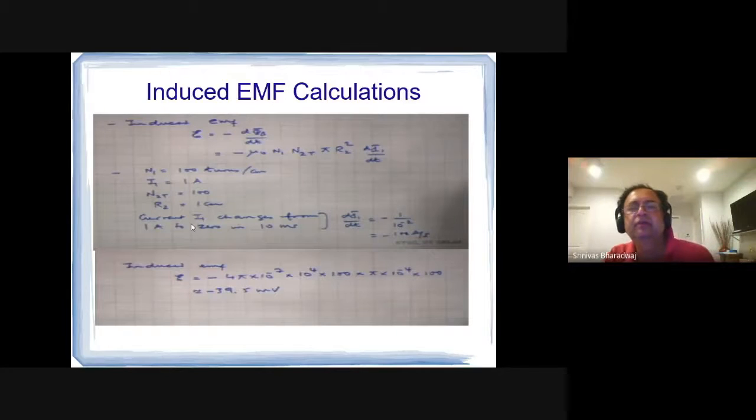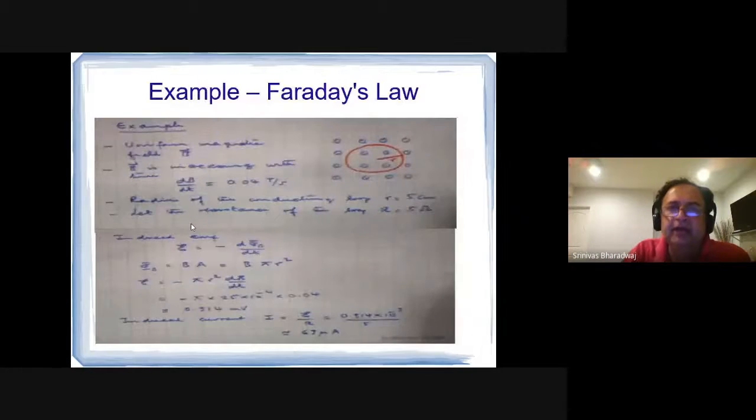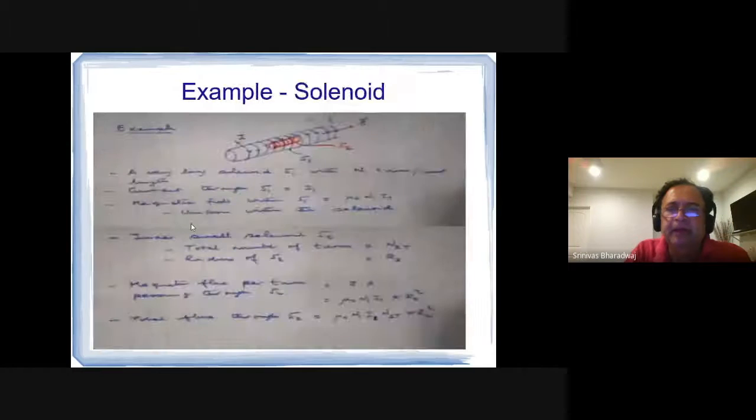Okay, so induced EMF is mu naught Ni times pi r squared di1 by dt. So the flux is phi equals B dot A, which is mu naught Ni pi r square. Why is it mu naught Ni pi r square? That we already discussed.